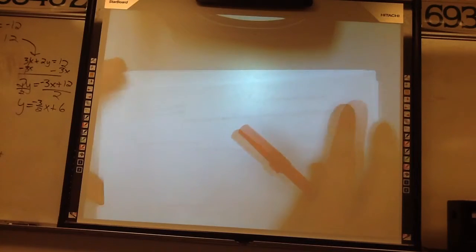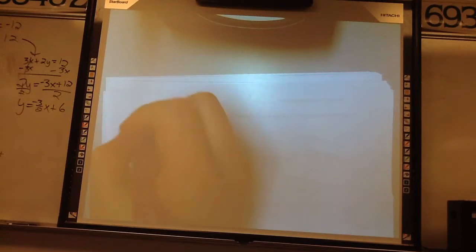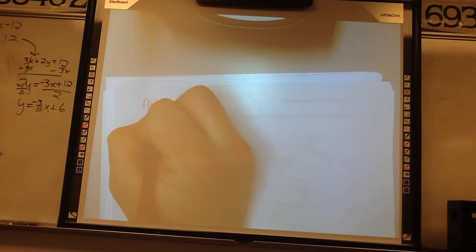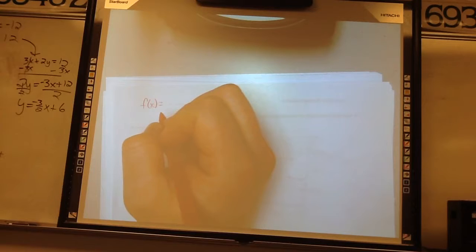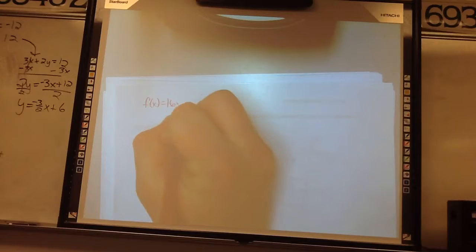You'll be given a function. So like f of x equals, let's do an easy one first, 16x plus 4.